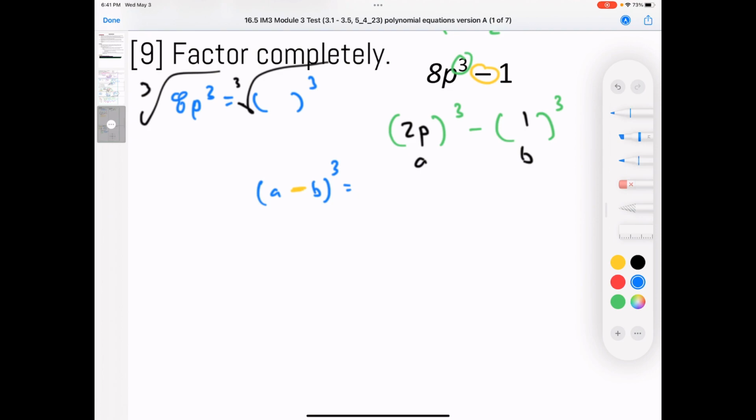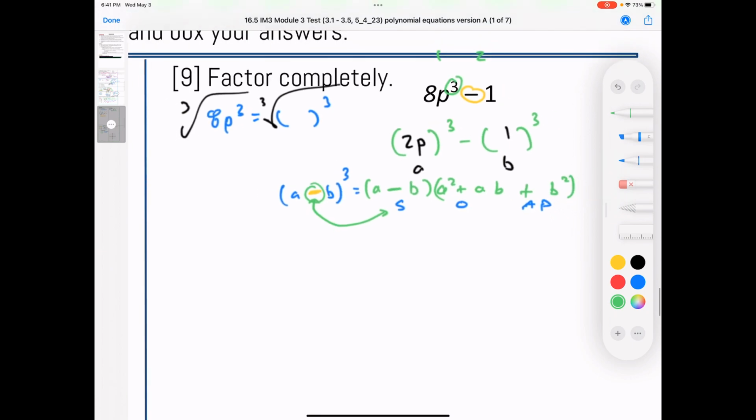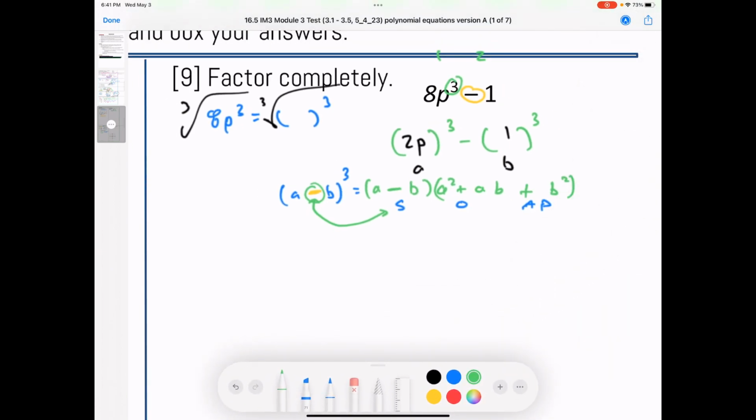We're going to use our SOAP. So AS is same. So that'd be a minus. A squared, the opposite of the minus is a plus. AP means always positive, B squared. Okay, now I'm going to do my substitutions, and every time I do a substitution, I'm going to put it in a bracket.